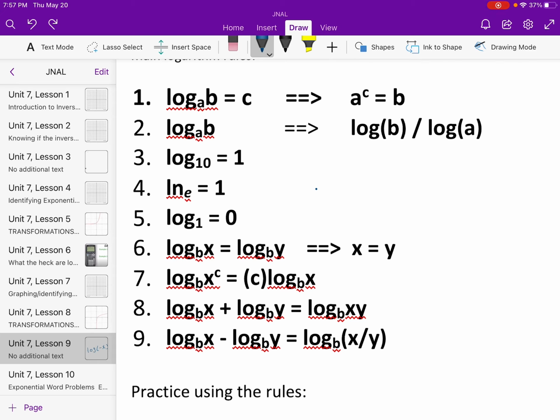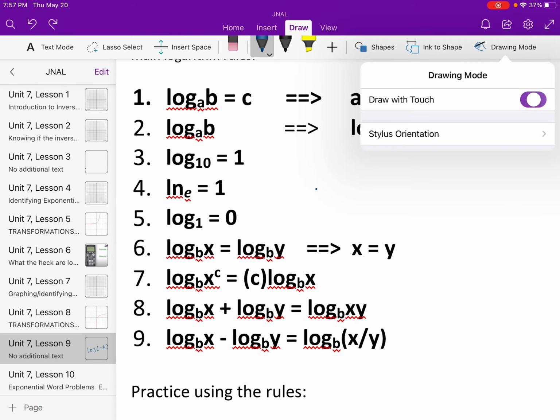C can be an exponent of x, but it also can just multiply by log. 8 and 9 say that if you add 2 logarithm expressions, you multiply the values, but if you subtract them, you divide the values. So that's what those mean.